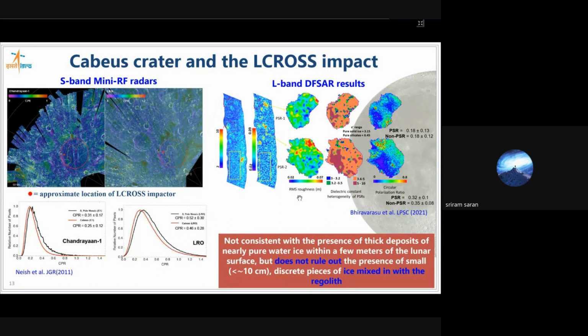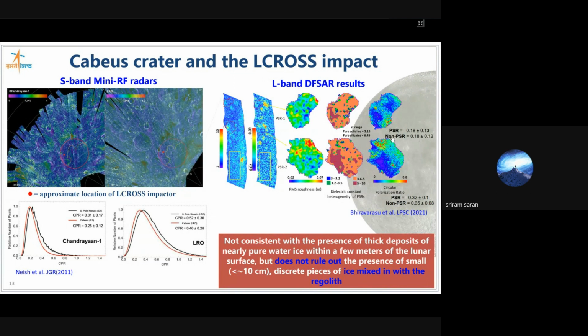The one on the right is a result I presented at LPSC a couple of years back. We obtained new L-band radar observations from the DFSAR instrument on board Chandrayaan-2, and what we have observed is that even though the CPR values are very much correlated with the earlier observations, using this polarimetric data, we calculated two other parameters, that is the dielectric constant as well as the surface roughness of these patches inside the Cabeus crater.